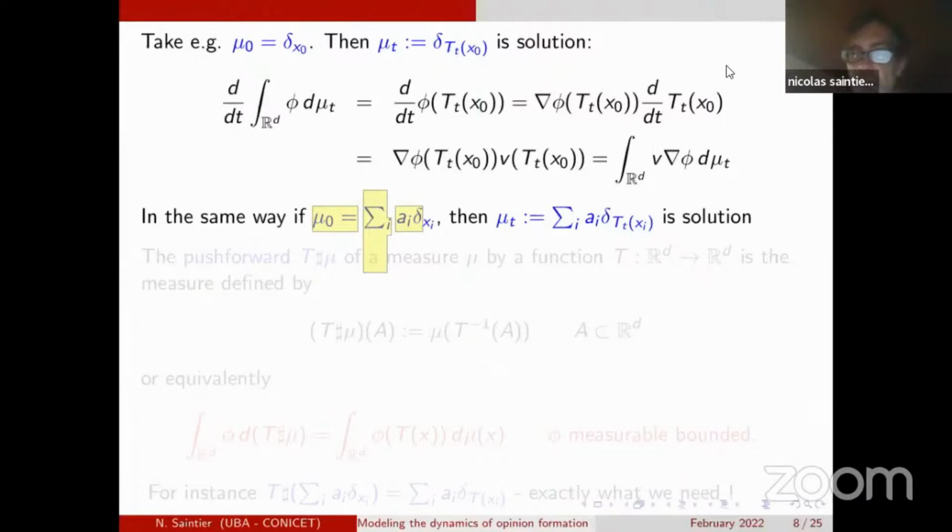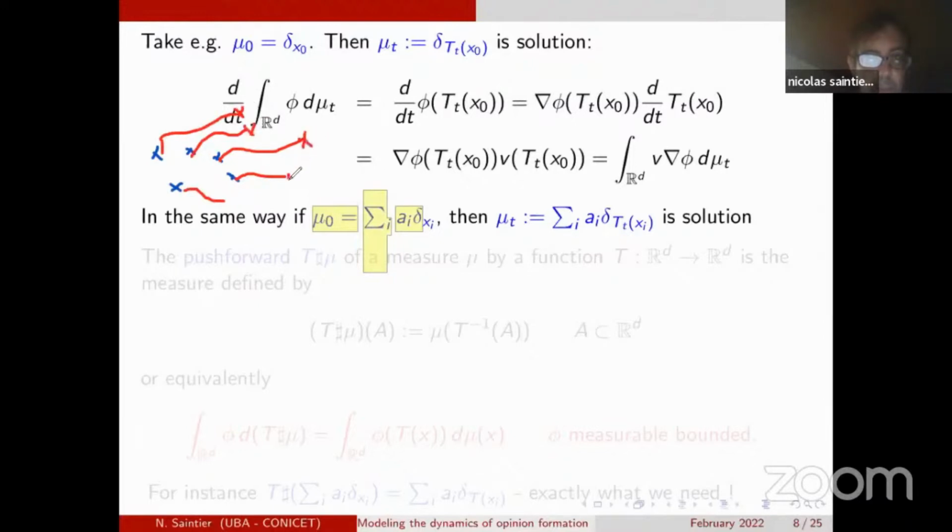So this only means that I'm making this kind of picture. All the mass is distributed among some points. Each point shares some percentage a_i of the total mass, and we are moving each point following its trajectories. Let's say something like that.